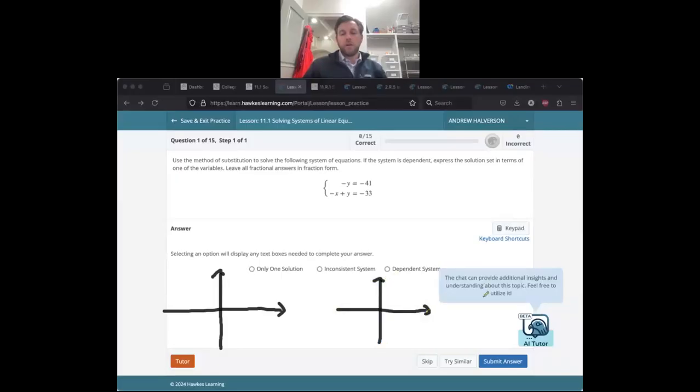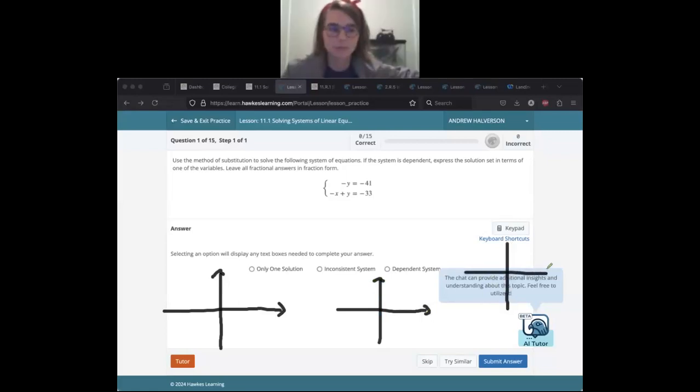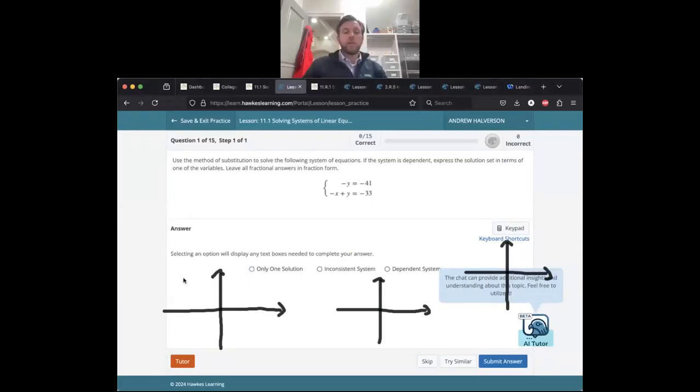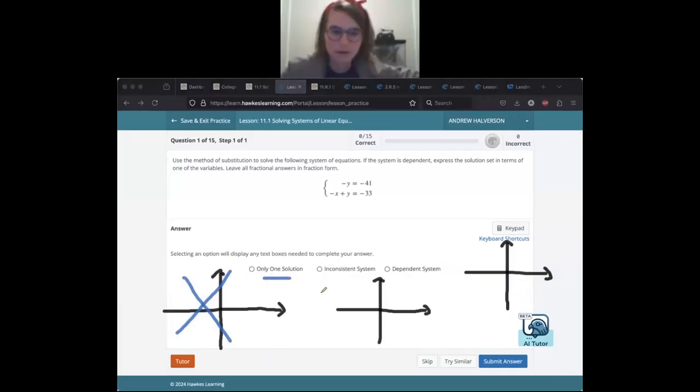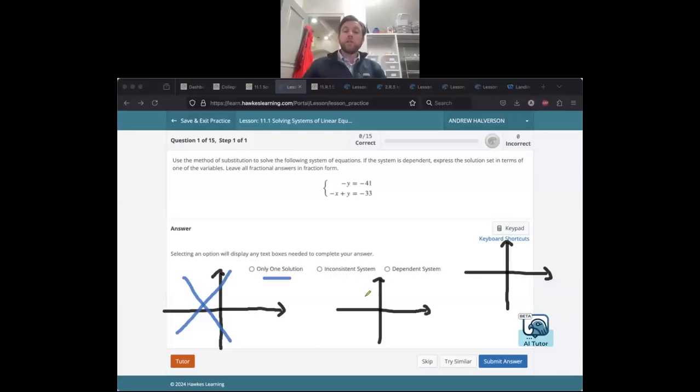I was looking through my notes, but I'm a bad note taker. A consistent system is one where there's only one point of intersection, only one solution. An inconsistent system is when there's no solution.